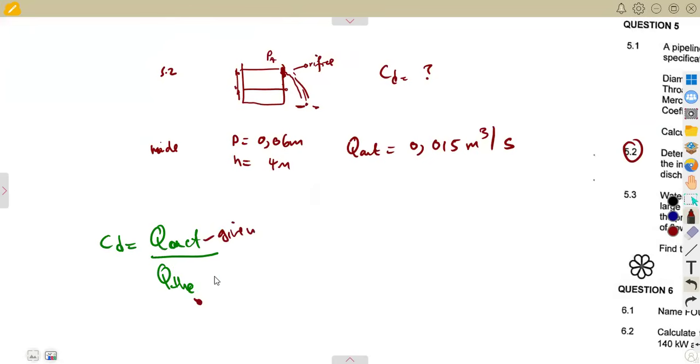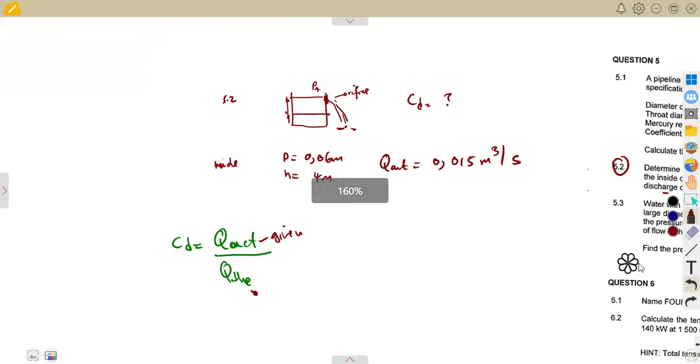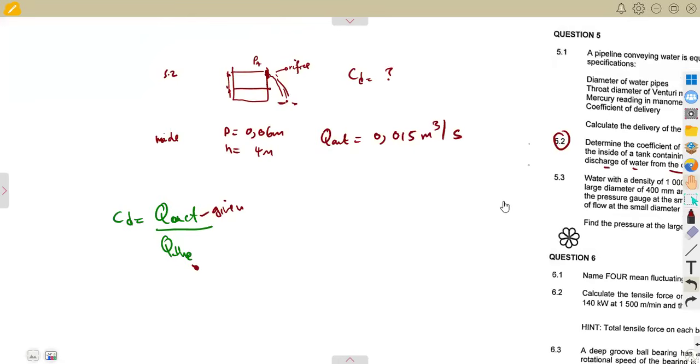So the theoretical flow is going to be taken from where? That is the question. The theoretical flow is going to be taken from the theoretical velocity and the theoretical area. Take note, theoretical flow must be from the theoretical, this is from your coefficient. Remember, from those three coefficients, the coefficient of velocity, coefficient of contraction, coefficient of discharge.